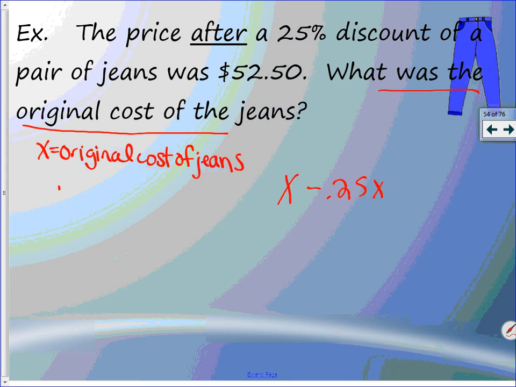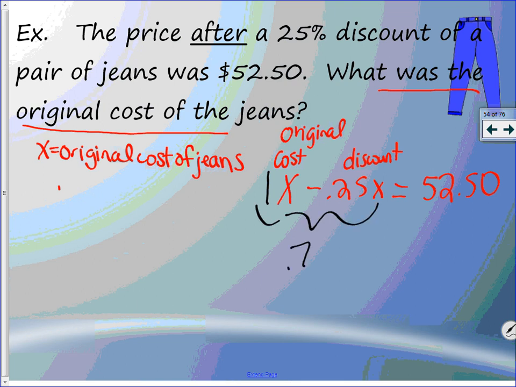This is the original cost. This is the discount. The discount is 25% of the original cost, and the original cost minus the discount equals what we get. Now, what is the coefficient on X here? 1. What's 1 minus 0.25? 0.75X.